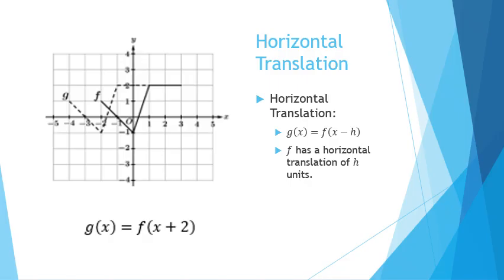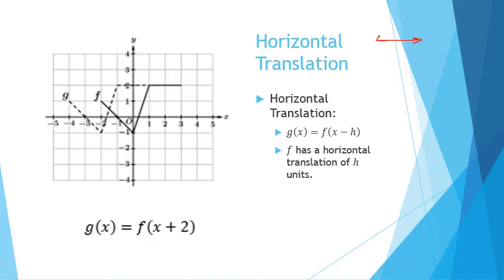That's going to be pretty important because that's different than horizontal translation, which is moving a graph left or right. And whenever you affect a function horizontally, you're going to be focusing on the inside of that function box, right? Now f of x becomes f of x minus h. So let's take a look here.